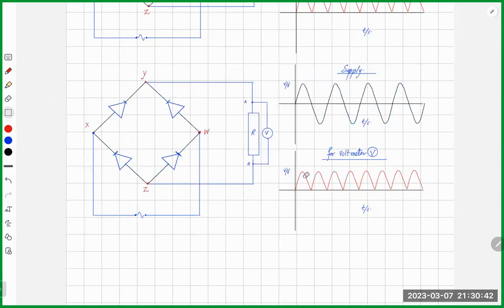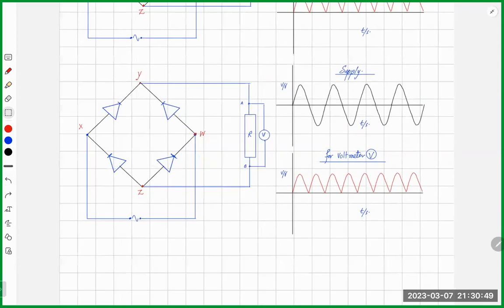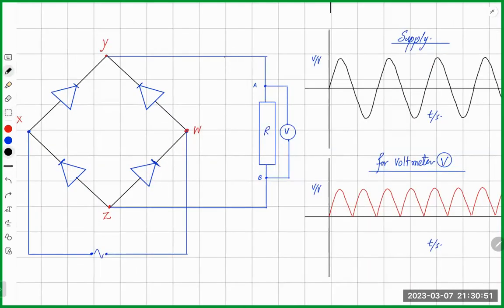Okay, the supply is the same. But what will happen if I put a capacitor parallel to the resistor?